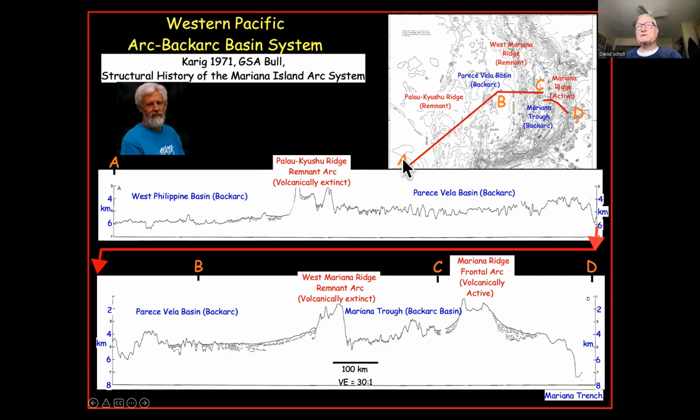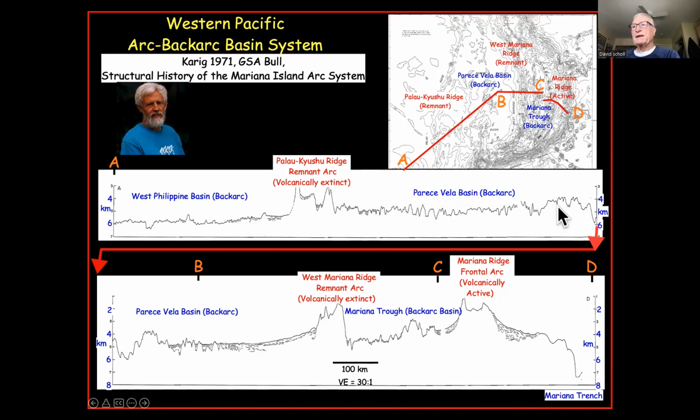This is in the Western Philippine Sea, which is a little different animal than what we're going to be talking about. But the remnant arc split apart here on the Palau-Kyushu Ridge, back arc spreading to form this basin. The West Mariana Ridge split apart to the Mariana Trough all the way out to the trench.